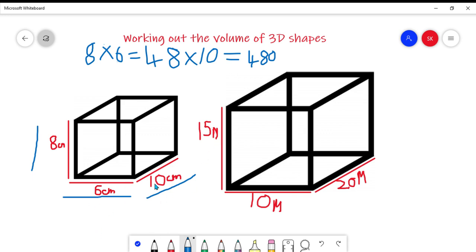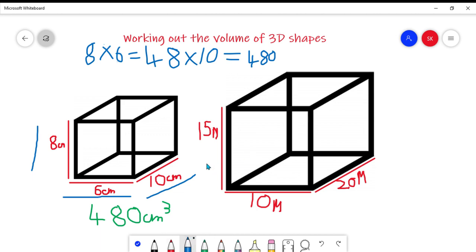And then let's write the answer 480 in green to help us see it more clearly. Again with this one, 15 meters, it's in meters this time. Also, I did say this last time, almost forgot myself, 480 centimeters cubed since it's a 3D shape. So 480 centimeters cubed, make sure you put that there.